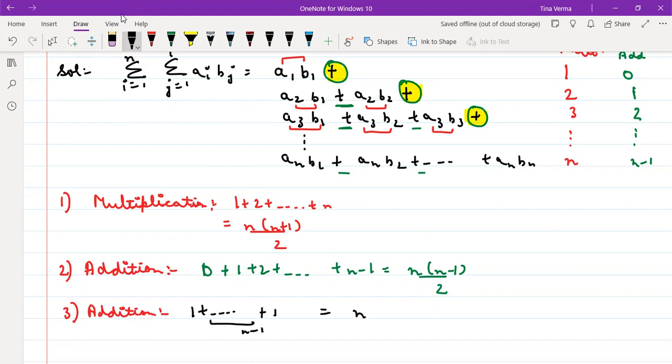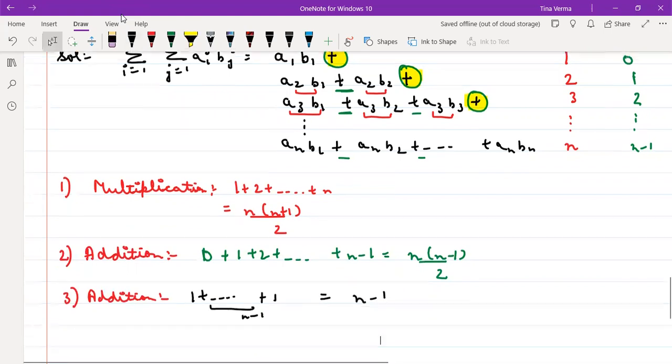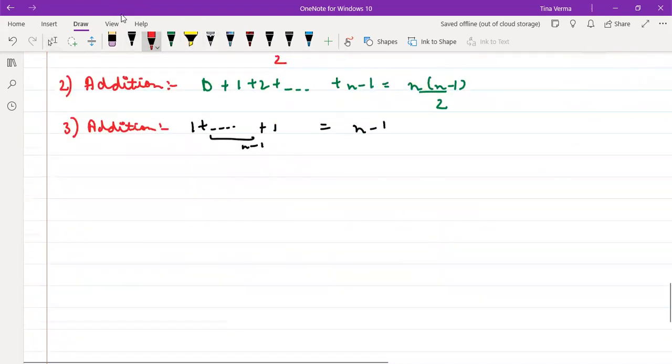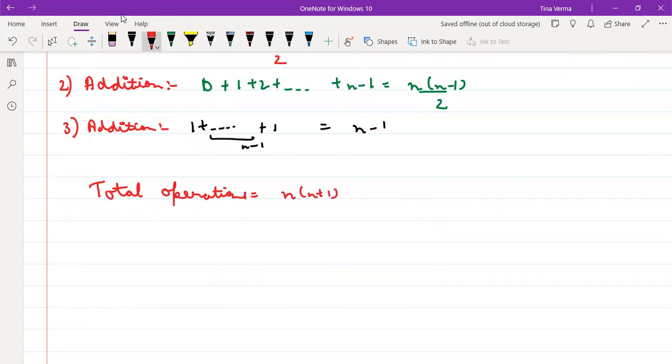So your addition is n minus 1. So you can notice, in this case you have total operations, that is your multiplication n into n plus 1 by 2, plus the addition when we have ignored the last one, and this is the last addition. So when you calculate, you have total n square plus n minus 1 operations.